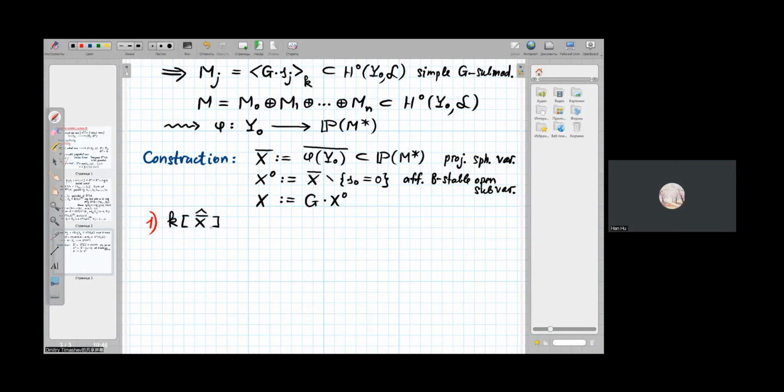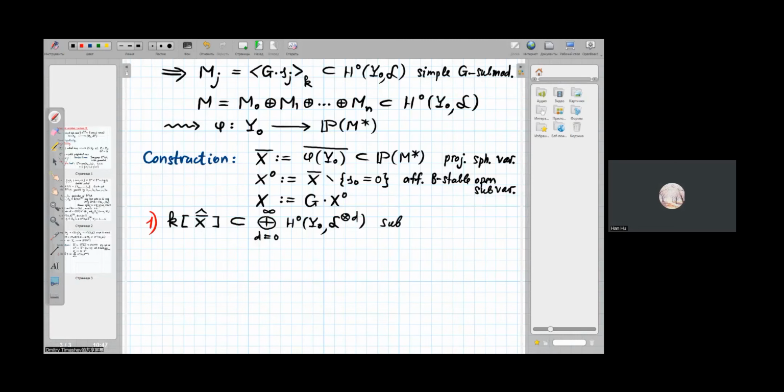This is the affine cone over X bar, and its coordinate algebra can be identified with the subalgebra in the direct sum of all sections of the positive powers of L, the direct sum over D ranging from 0 to infinity. The coordinate algebra of X bar hat can be identified with a subalgebra in this big algebra of sections.